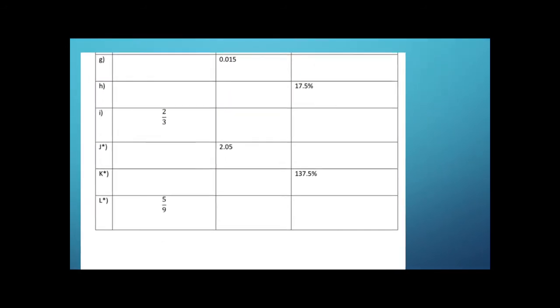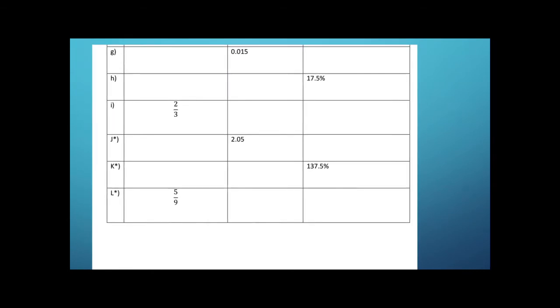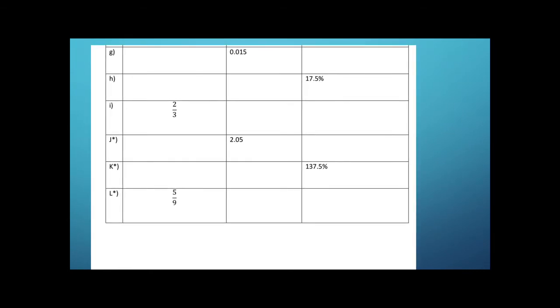Okay, now there's some more tricky ones here actually. Okay, so 0.015, so that's as a percentage. Notice we just move the decimal place 2 places to the right, or we move the digits 2 places to the left, depending on how you've been taught that.